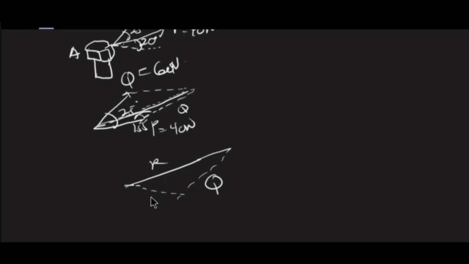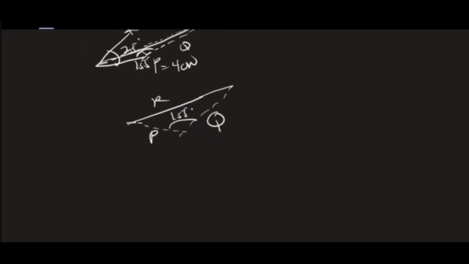Then this place is going to be the P. Then this place will be 155 degrees. So once you have this, you are good to go. You need the magnitude and the direction of the two forces, and that will give us the resultant. So every resultant will have a magnitude as well as a direction.